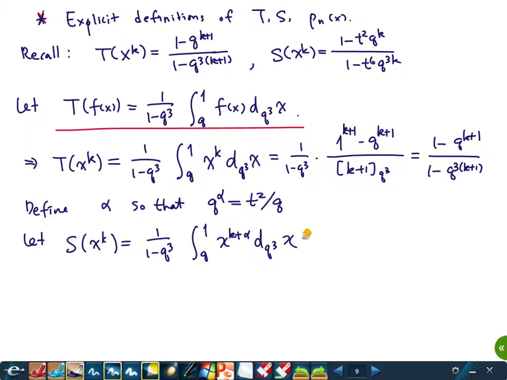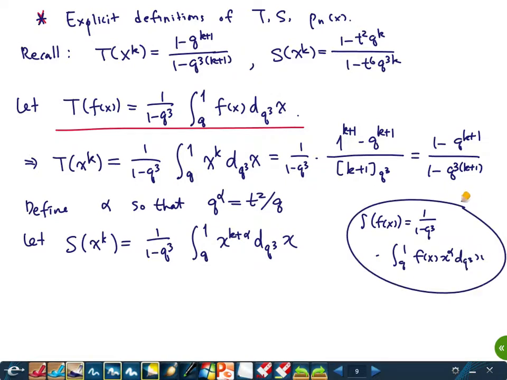Or if you want f of x, you can define it like this, times q1 f of x x to the alpha d_q cubed x. If you want, you can define S like that.